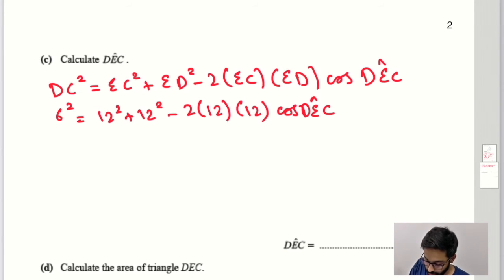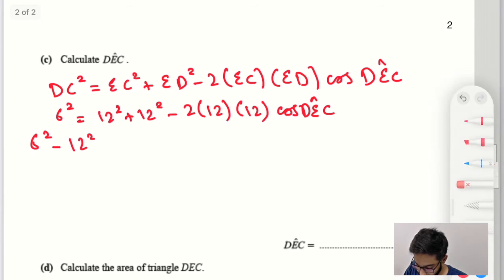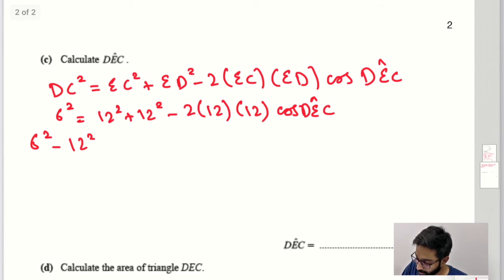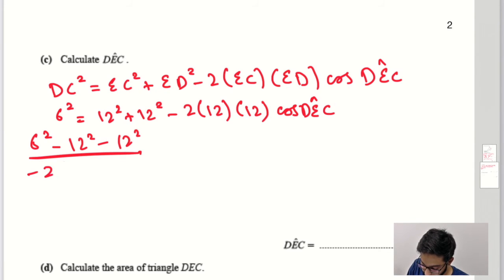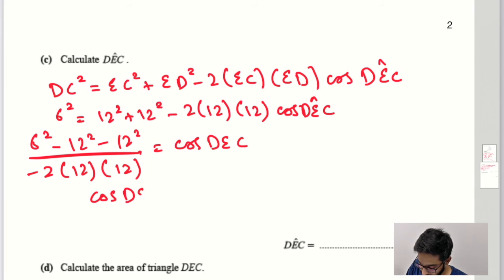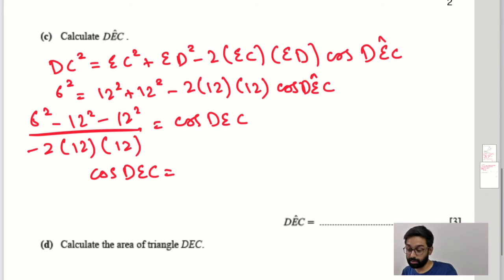So you do 6 squared minus 12 squared minus 12 squared, divided by minus 2 times 12, equal to cos DEC. Now this is a big number to be plugged in.